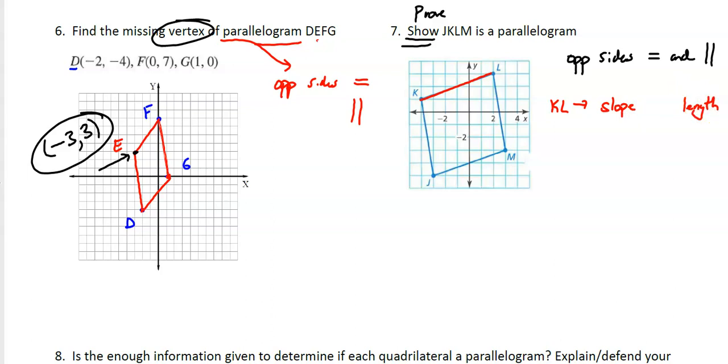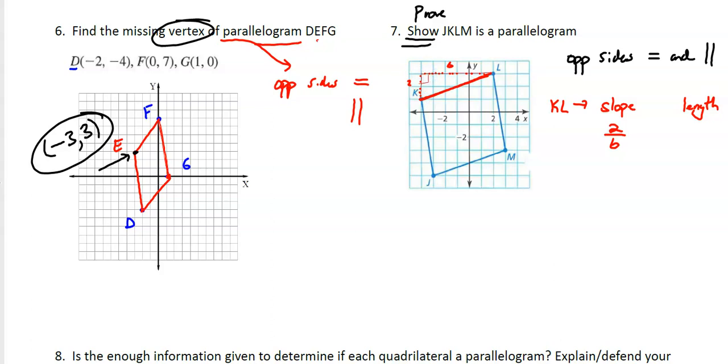So the slope of KL goes up 2 over 6. So it has a slope of 2/6. I could reduce that to 1/3 if I want, but I don't want to. Because also, if I want to find the length of KL, that is just the hypotenuse of this little right triangle. So I can use the Pythagorean Theorem.